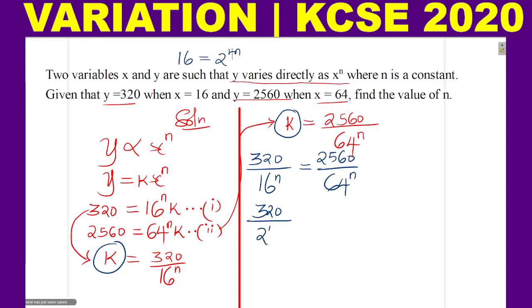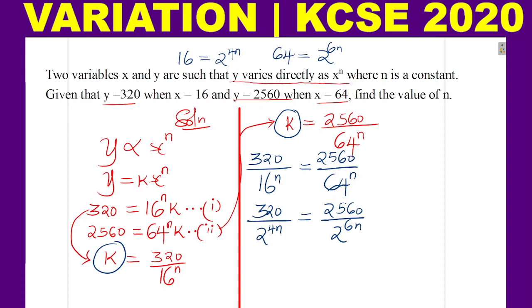This is equal to 2560 divided by 64, which is the same as 2 raised to power 6. So this will be 2 raised to power 6n, like that.